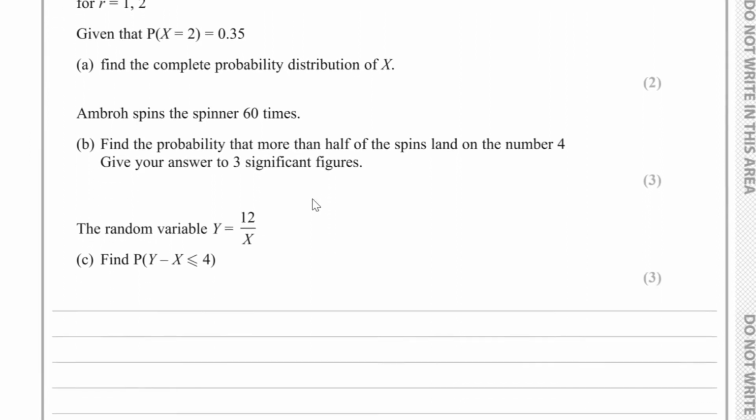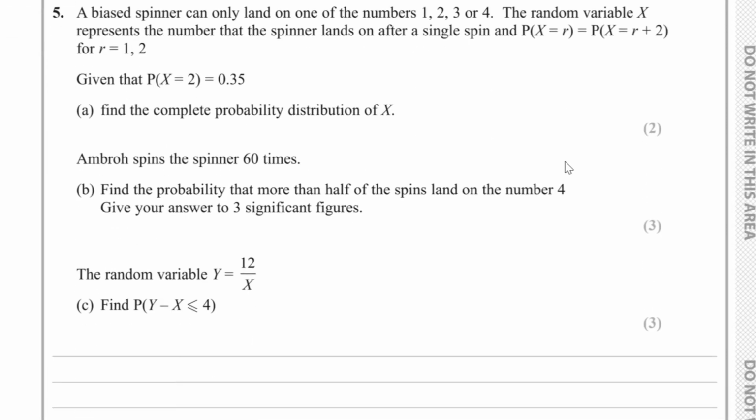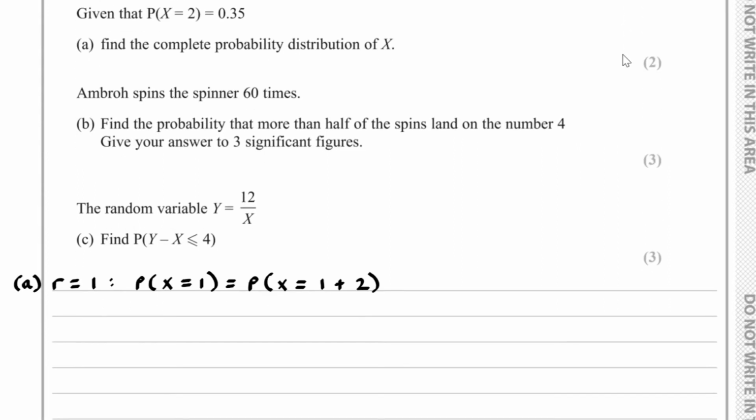So, first of all, if I use this equation here, when r is equal to 1, the probability that X equals 1 is equal to the probability that X equals 1 plus 2, so that's the same as the probability that X equals 3.